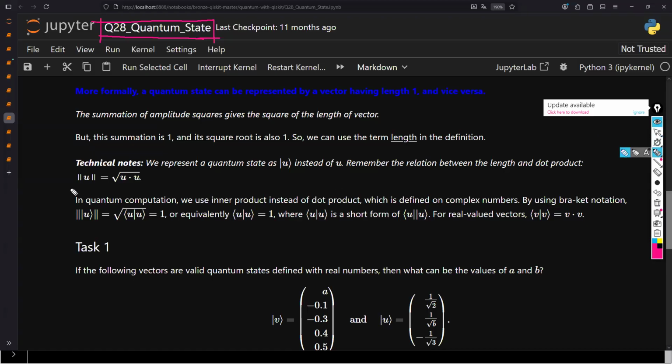Here is a note that whatever quantum state we would like to express, what we can also do is take the norm of that vector in space.